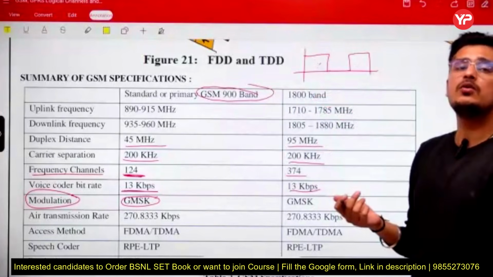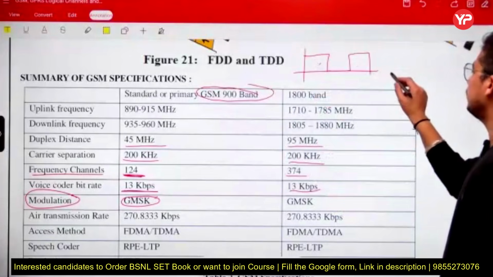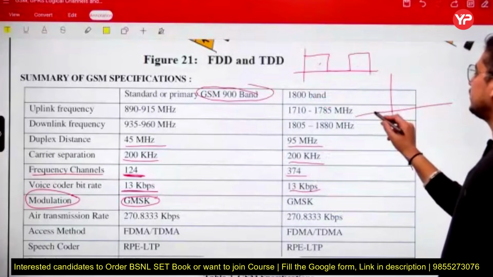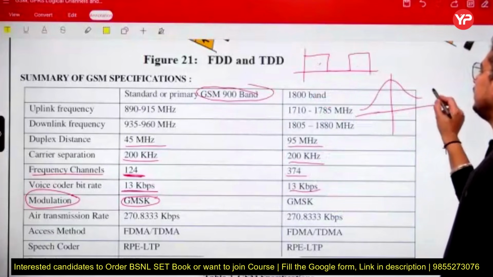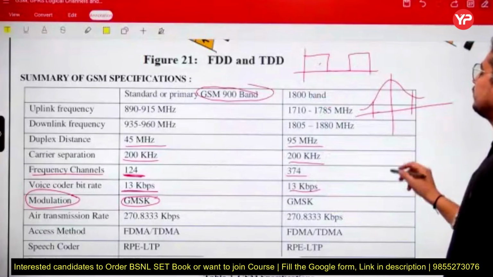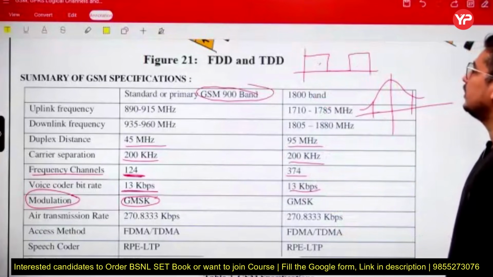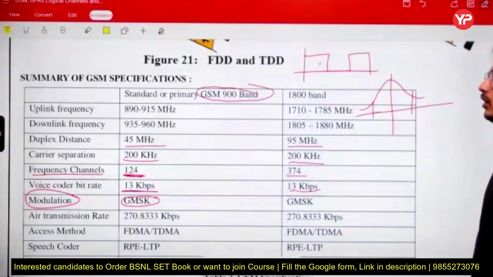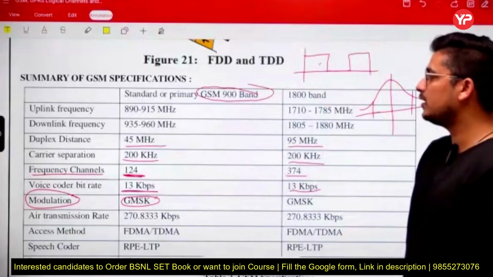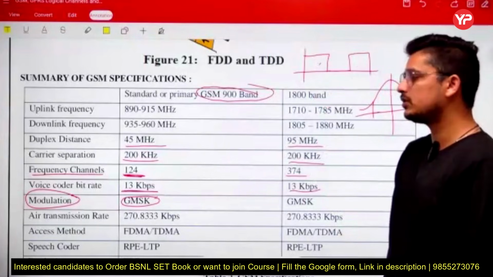We are using the Gaussian pulse. Gaussian pulse means, if you remember, the bell shape is the Gaussian shape, right? So we are using a Gaussian pulse to represent the zeros and ones instead of rectangular pulses in the case of GMSK modulation.